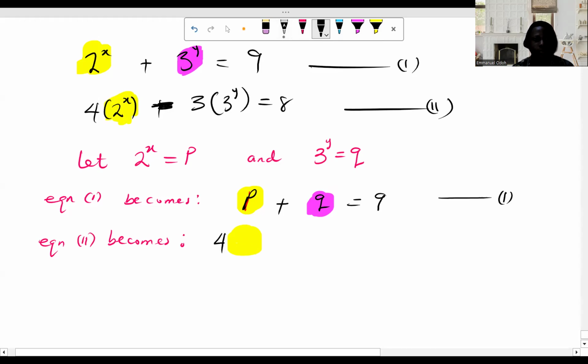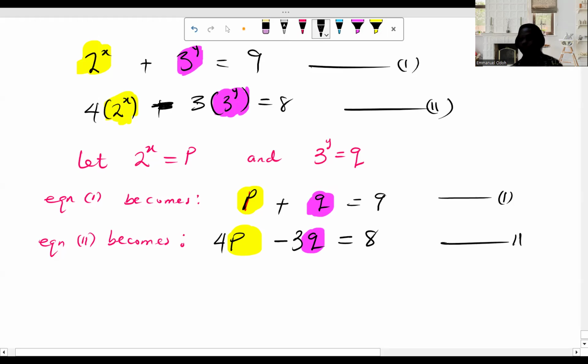The highlighted 2 to the power of x is p, so I have 4p minus 3, but we have 3 to the power of y, which we have said is now q. So here I'm putting q, equals 8. This is our new equation 2.